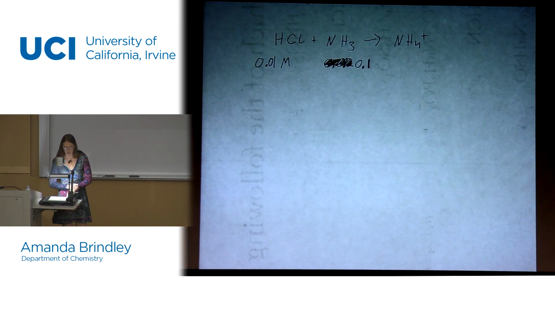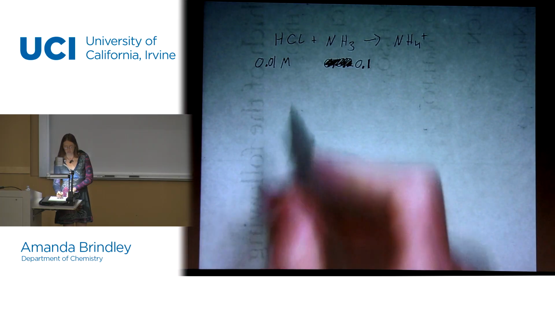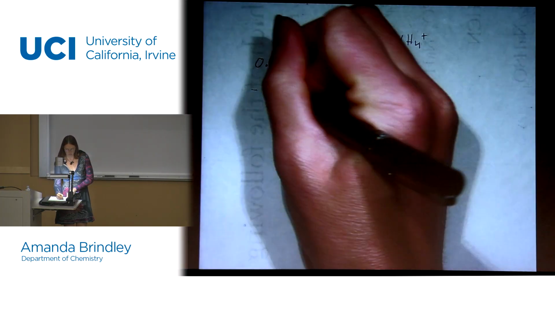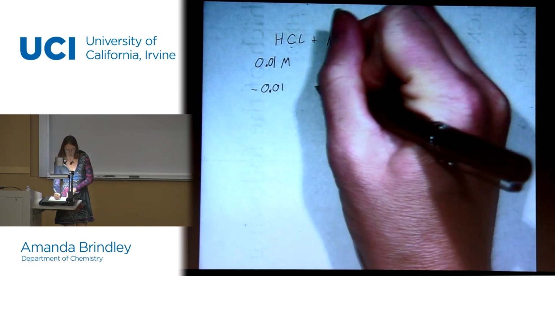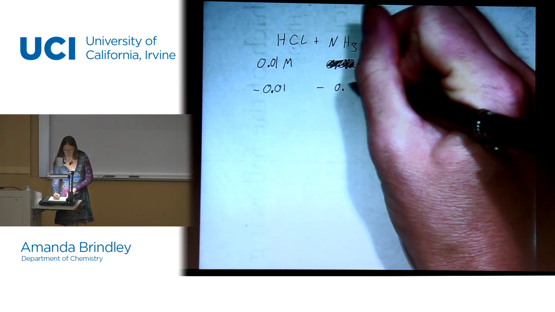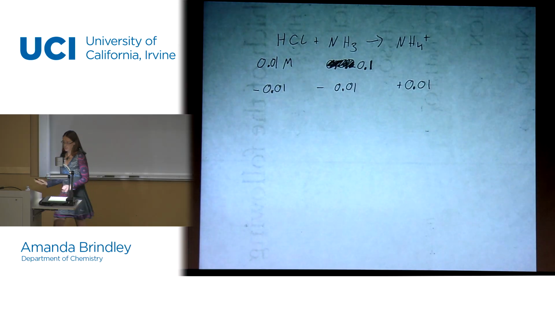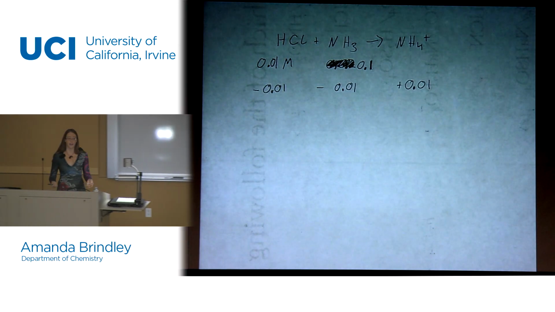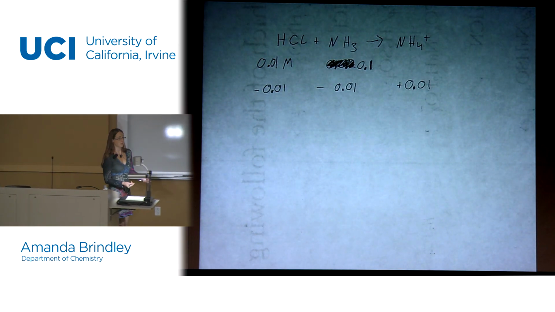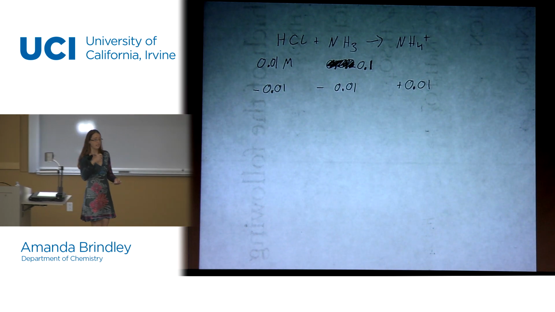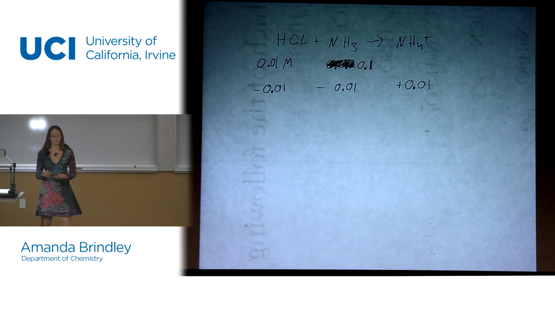So which one here goes to zero? Because it's the lower one. This isn't an ICE chart. This is me doing a limiting reagents problem. So if you want to write off to the side limiting reagents problem, that would probably be a good idea.